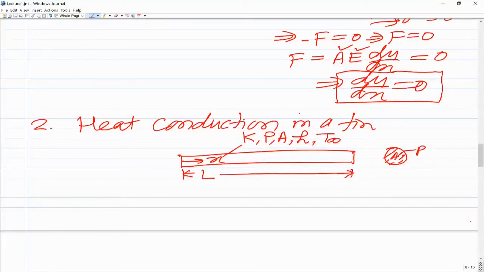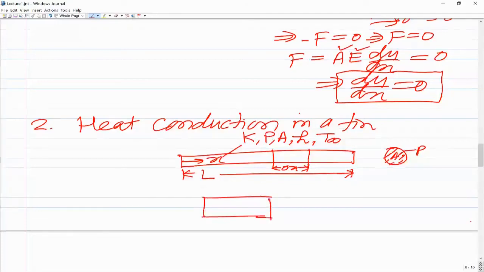Now again we want to develop the mathematical model of this problem. So again we consider a small differential element, of length delta x, and we draw what is the energy input to this and what is the energy output.